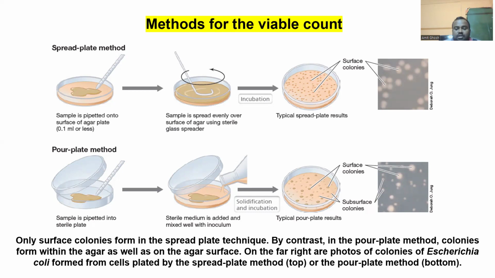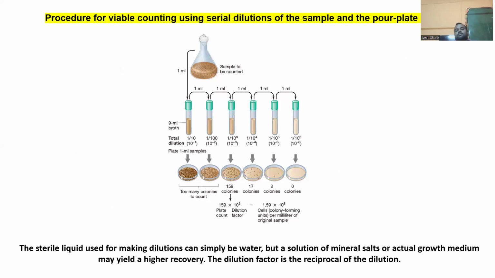By contrast, in the pour plate method, colonies form within the agar as well as on the surface. On the far right are photos of Escherichia coli colonies plated by spread plate, top, or pour plate, bottom. This is the overall procedure of the spread plate and pour plate techniques for viable cells.